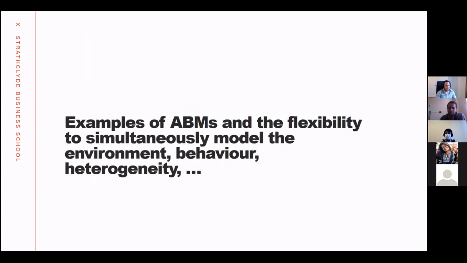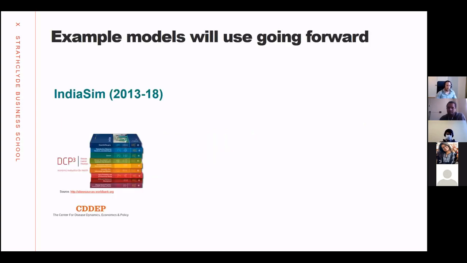So, examples of agent-based models and the flexibility to simultaneously model the environment, behavior, heterogeneity, and various other factors. I'm going to use a couple of examples as we go through some of these advantages. One of them is IndiaSim, a project I have not worked on in the past 2.5 years or so.